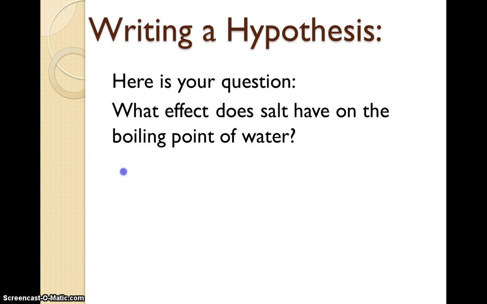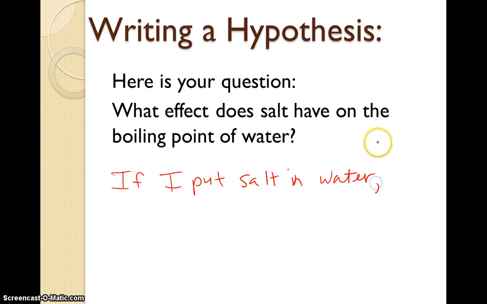So let's go ahead and write that out. So if, so what are we changing here? Well, we're going to put salt or not put salt. So if I, and I apologize for the handwriting, put salt in water, well, I'm going to make a prediction that it's going to speed up the boiling.